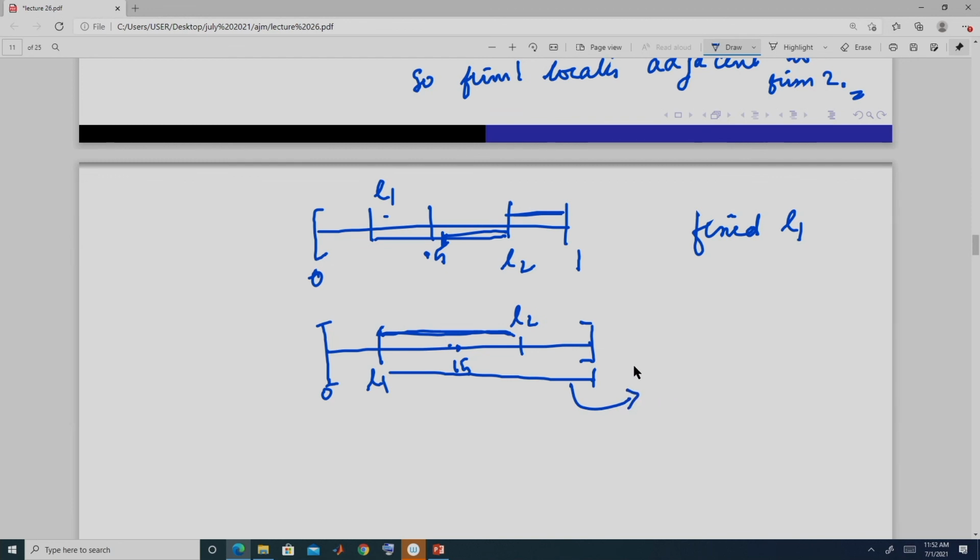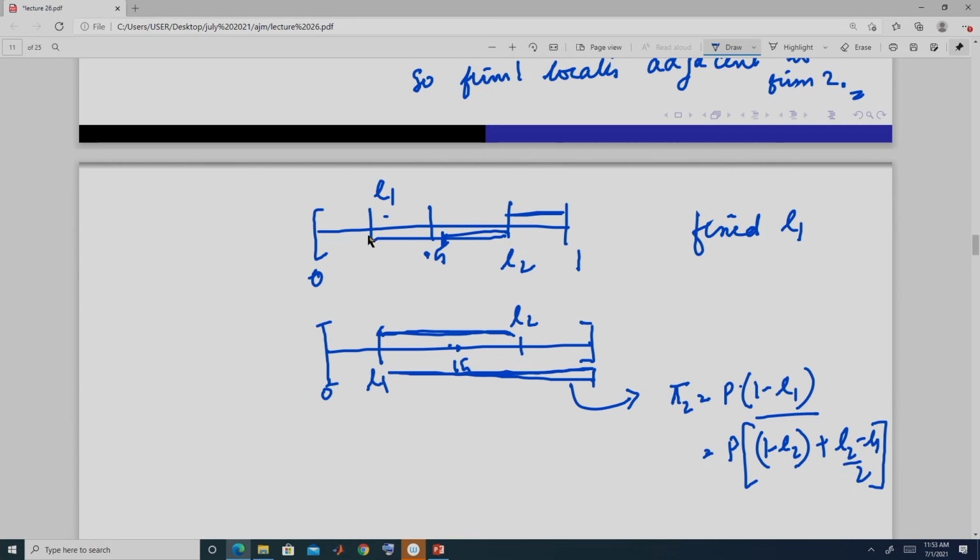So, its profit is P into this whole distance, which is 1 minus L1, and this is greater than P times (1 minus L2 plus L2 minus L1), when L2 is this and L1 is this. So, this is greater than this.